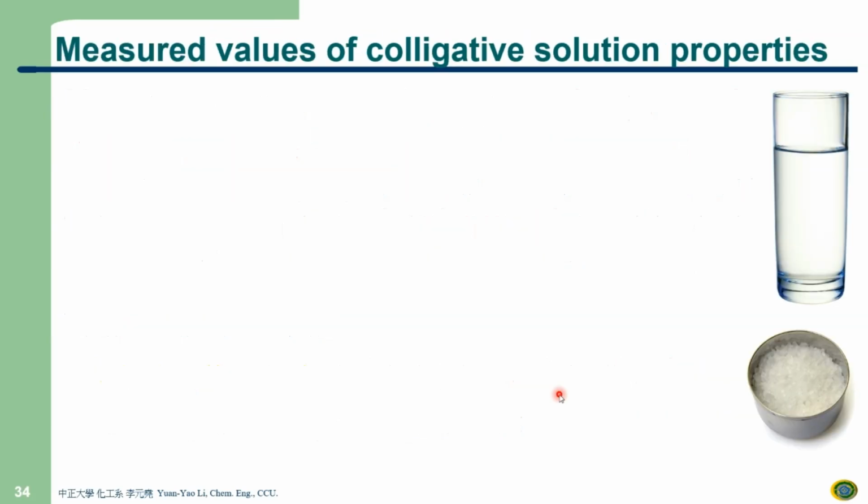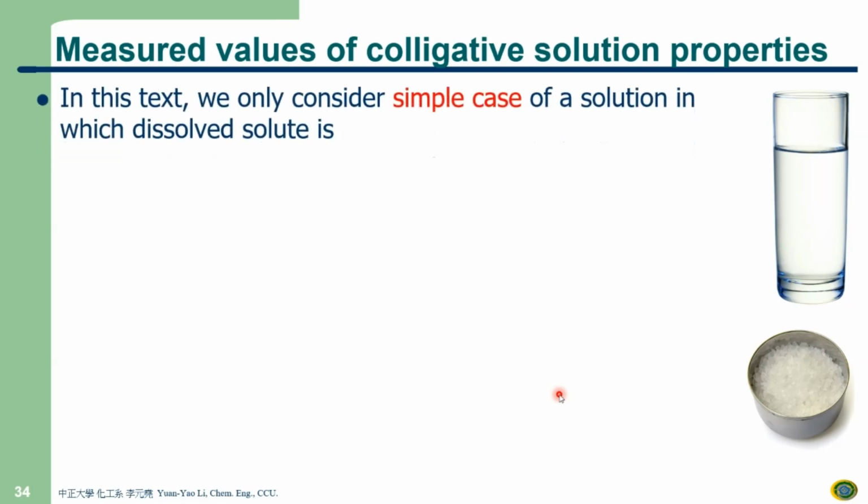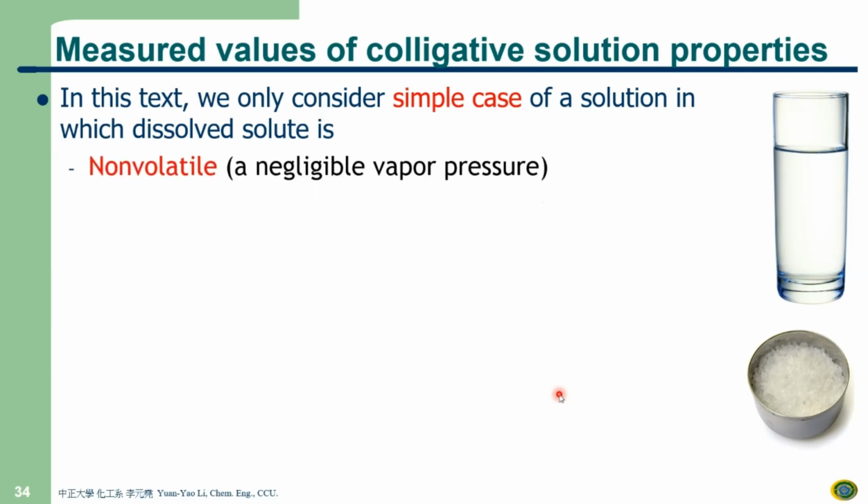Actually this is very complicated, but we don't want to make it so complicated when you are in the first year. So we use a simple case to help you understand, and that's why we set some conditions here.